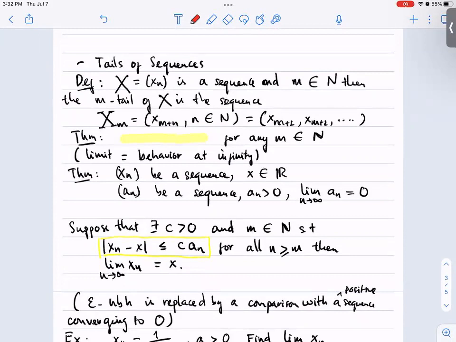Another important concept related to sequences and limits is about tails of sequences. Here is the definition.